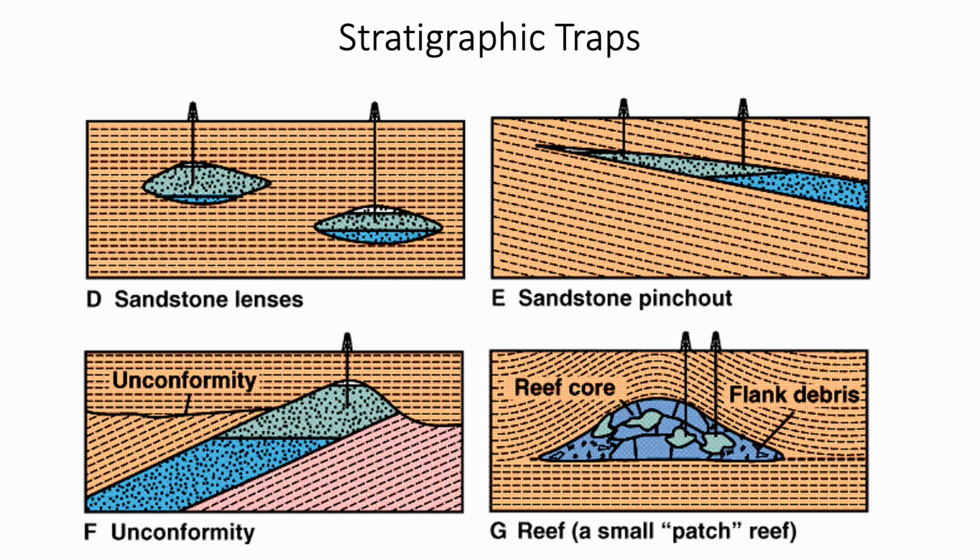Next is the unconformity trap, which forms when older rocks are eroded before new ones are deposited. If a porous rock is sealed by an impermeable layer at this boundary, it becomes an effective reservoir. Lastly, the reef trap develops in the ancient reef system.